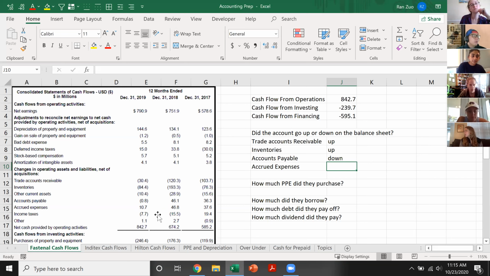Yeah, it went up, right? If you think about accrued expenses or just liabilities in general, if liabilities go up, it means you didn't pay for something. You got the benefit, but you didn't pay for it in cash. But remember this net earnings number incorporates all the revenues and all the expenses, no matter if you paid for it on credit or with cash. So you have to reflect what the true cash activity was. Does that make sense?